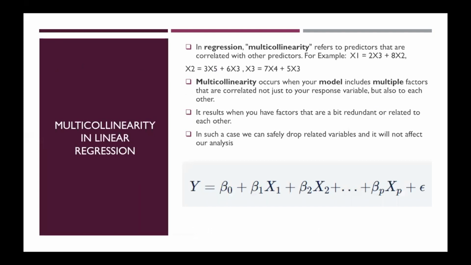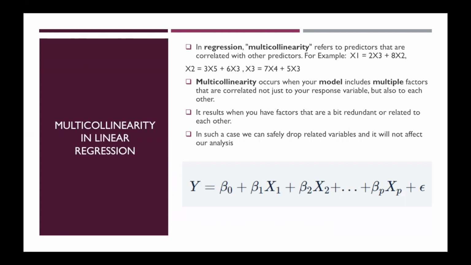So coming back to multicollinearity in linear regression, let us dive deep into this concept, what exactly it is, if we consider it from a mathematical point of view. The first point says that in regression, multicollinearity refers to predictors that are correlated with other predictors. You can see some equations like x1 is equal to 2x3 plus 8x2, x2 is equal to 3x5 plus 6x3, etc. As you can see, x1 is dependent on the values of x3 and x2.